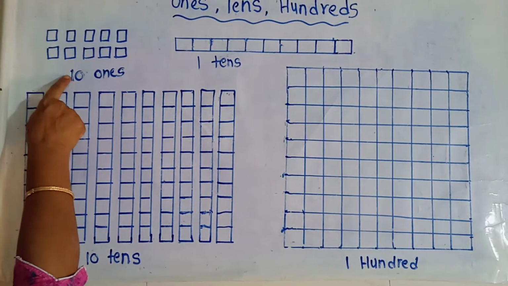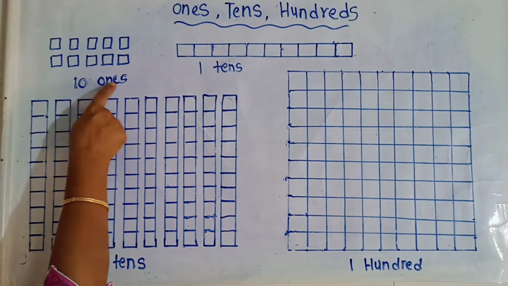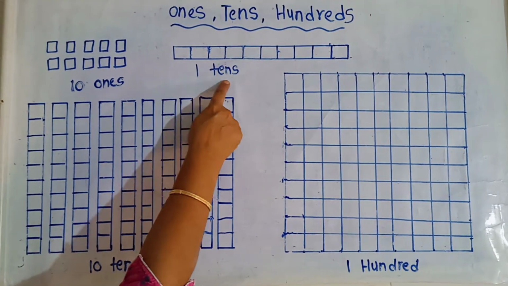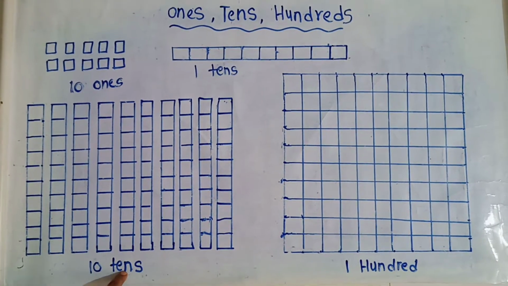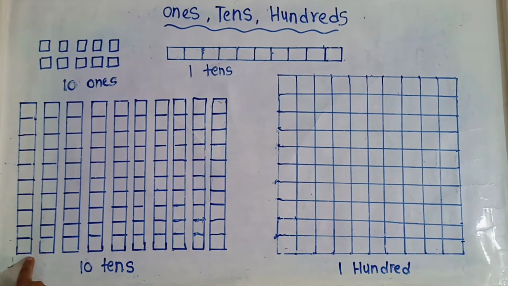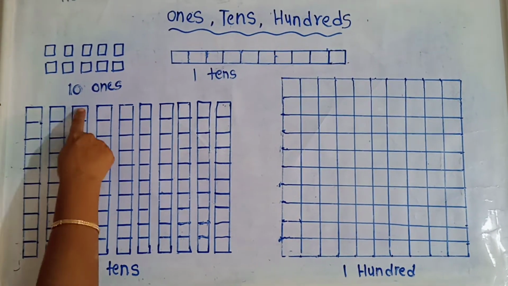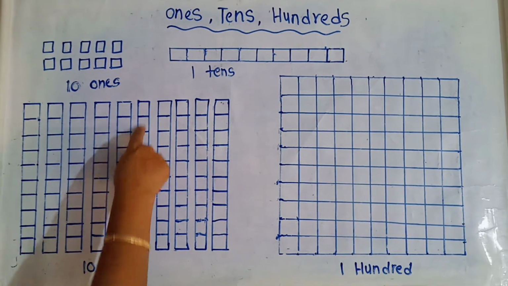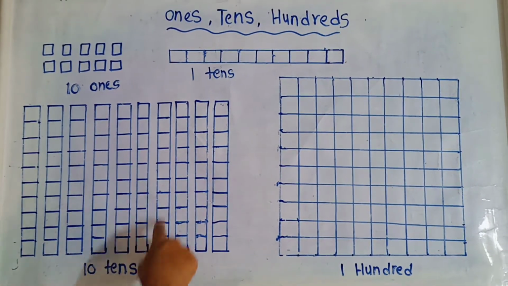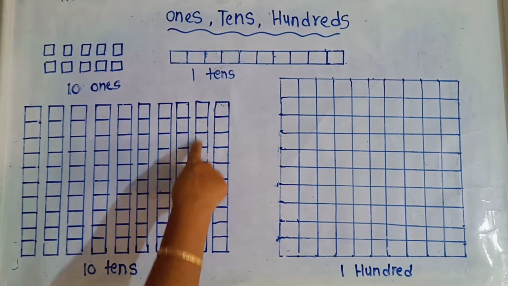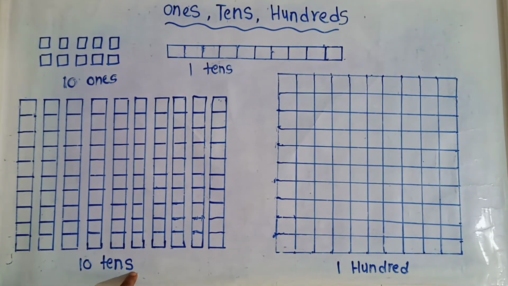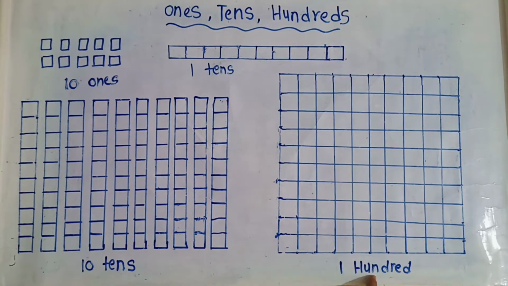Now you know 10 ones become 1 tens. Okay? And 10 tens. This 1 tens, 2 tens, 3 tens, 4 tens, 5 tens, 6 tens, 7 tens, 8 tens, 9 tens and 10 tens. These 10 tens become 100.